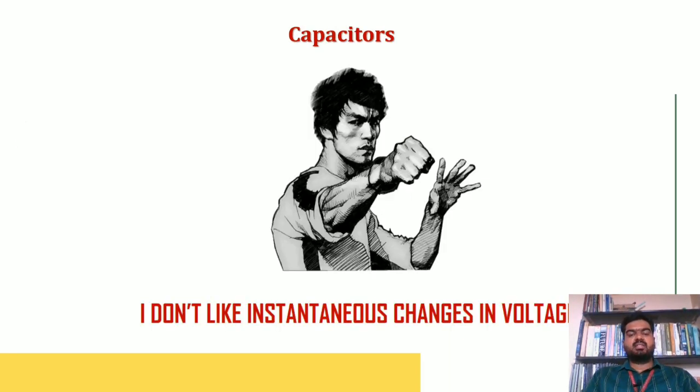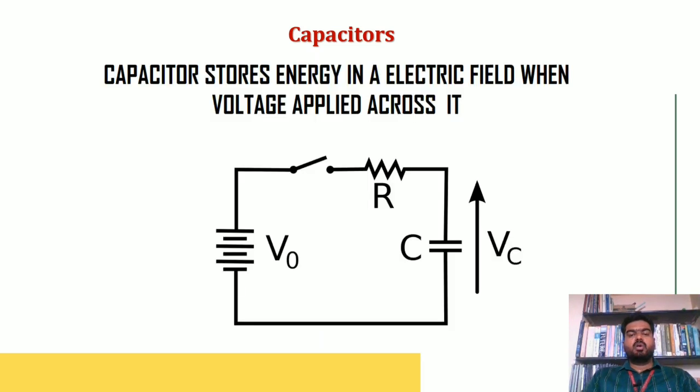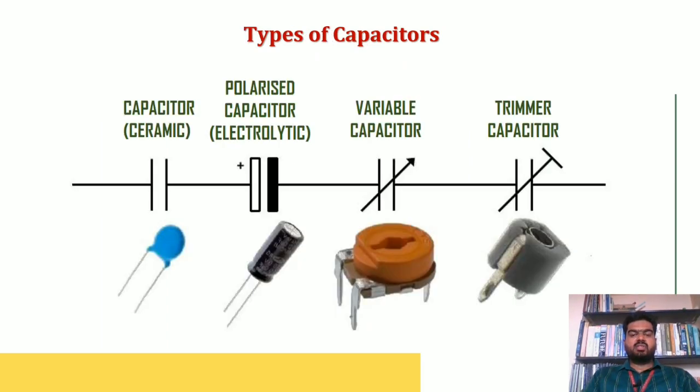And the next thing is the capacitor. Both the inductor and the capacitor are used for storing energy. But the inductor stores the energy in a magnetic field, whereas the capacitor stores the energy in an electric field. That's the difference between these two. Basically the capacitor has two equal parallel plates, and in between them there is a dielectric material.